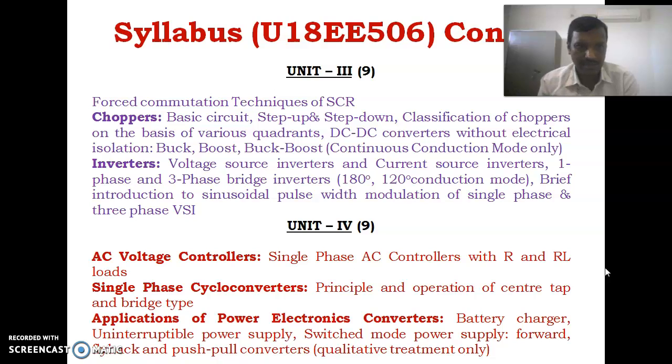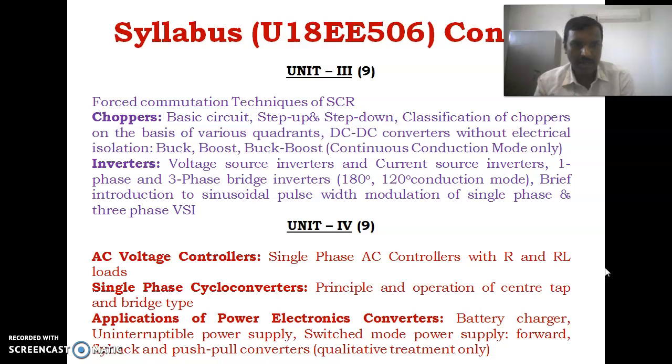There are 3 major topics here. AC voltage controllers, whose function is converting fixed AC to variable AC, where only the magnitude is varied, are used for the control of single phase induction motors. This is followed by the single phase cycloconverter, which converts fixed frequency to variable frequency and is used for control of induction motors, control of synchronous motors, and aerospace applications for low power.